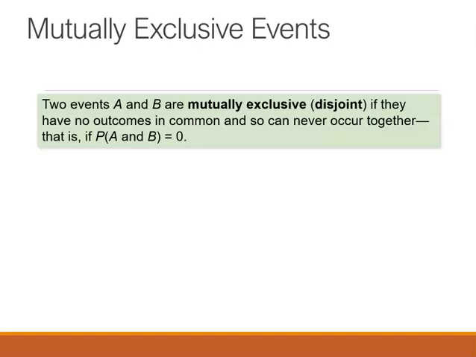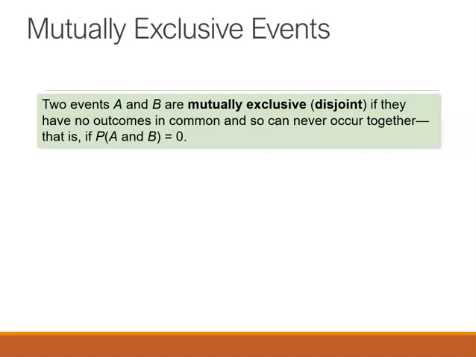Next thing we want to talk about are mutually exclusive events. So we say that two events, let's call them A and B, are mutually exclusive, or sometimes we'll use the word disjoint. That means the same thing as mutually exclusive. If they have no outcomes in common, and as a result, they can never occur together.